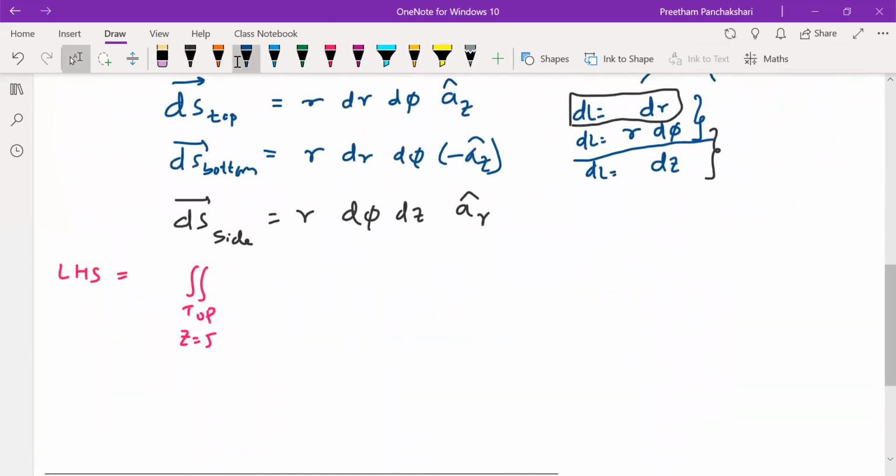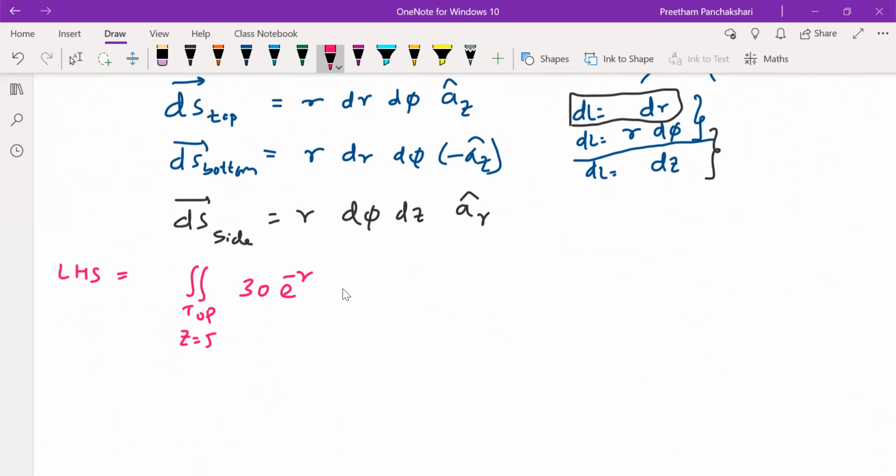So in place of A, we write 30 e power minus r a cap r minus 2z a cap z, dot ds over the top surface, that is r dr dφ a cap z.